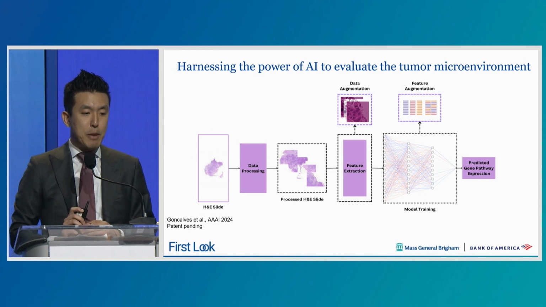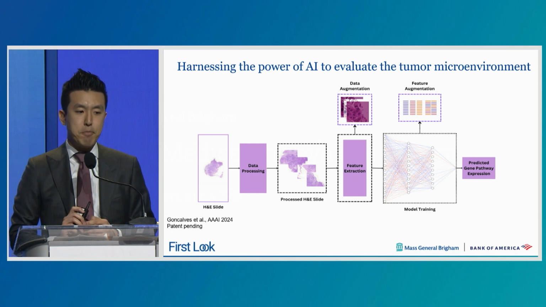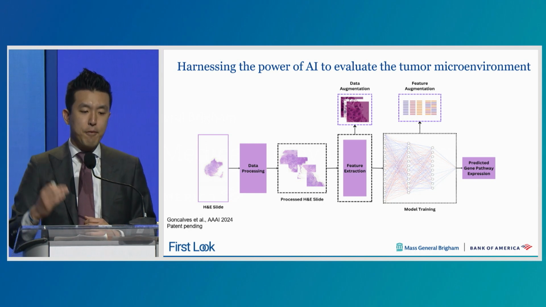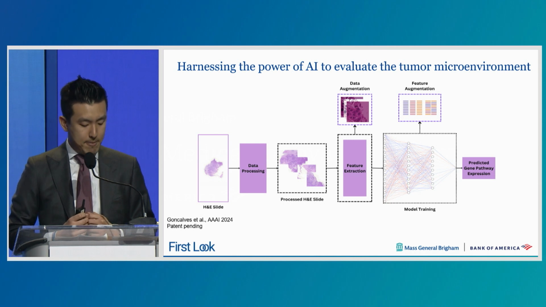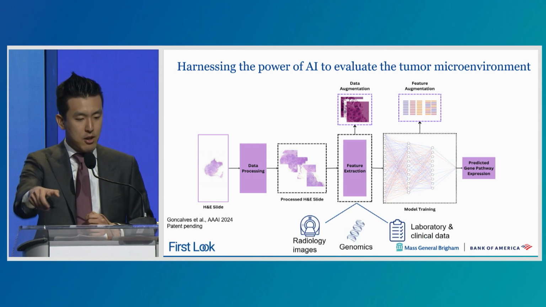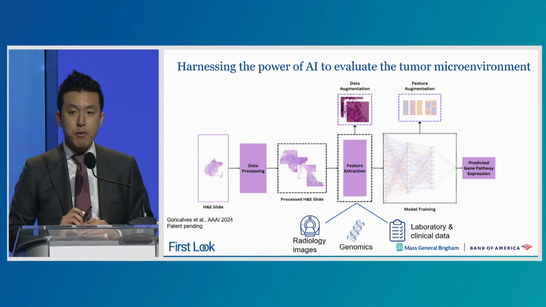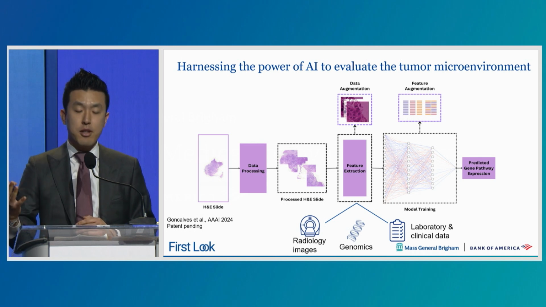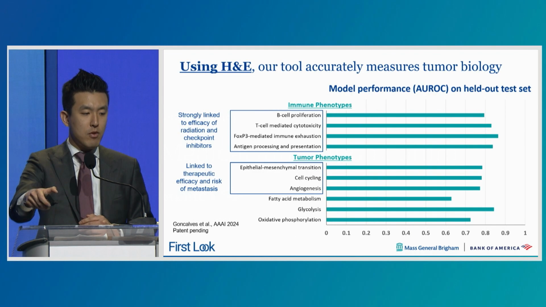So we've developed a pipeline in which, using a large data set of H&E whole slide images and bulk RNA sequencing, we've developed a tool that, using the H&E slide, can predict different facets of the tumor microenvironment. In addition, we are using large language models to extract other clinically relevant data to add to the model to improve predictive performance.